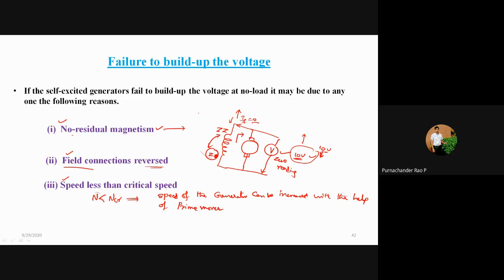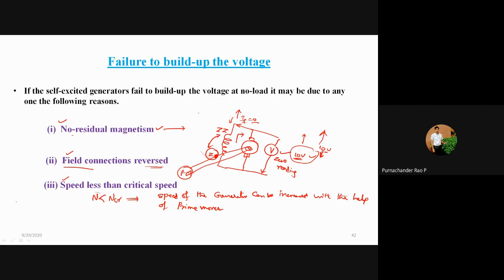You can increase the mechanical energy to the prime mover so that it can run at higher speeds, as your prime mover is connected to your generator. Now the speed of your generator can be increased. Then your voltage buildup takes place.